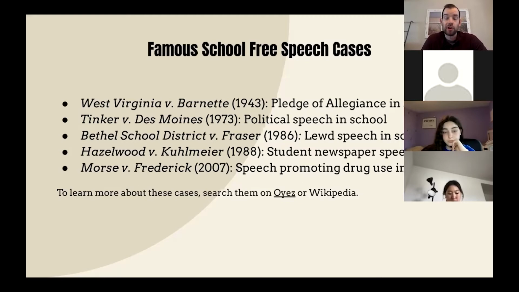That's part of free speech: the freedom not to speak. No one can force you to speak. And so a public school cannot force you to recite the Pledge of Allegiance if you don't want to. That right has been established since 1943.